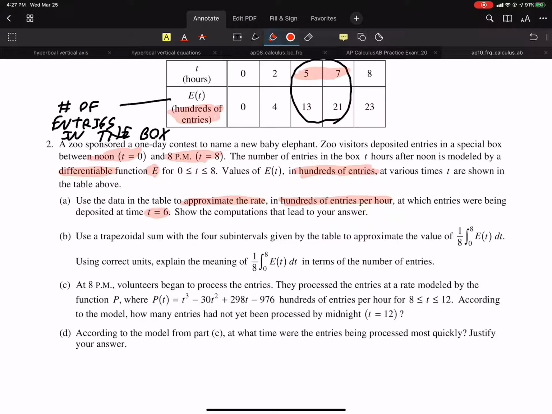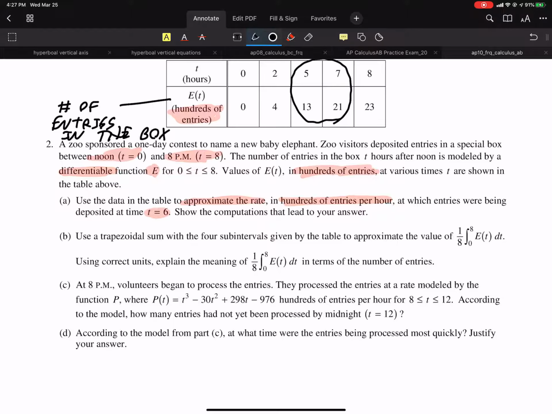But it's not asking us to guarantee that the derivative is going to equal something. We're just going to approximate it. So two different things, but it'll technically end up being the same thing. But I just want to distinguish between the two. They're not actually saying find the derivative. We just want to approximate the derivative.